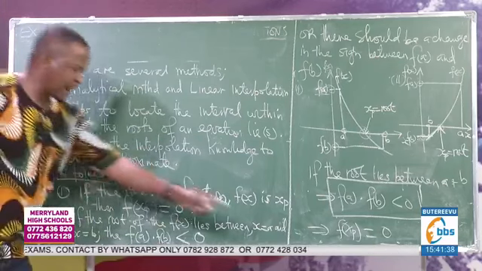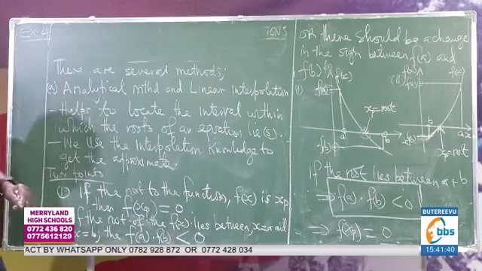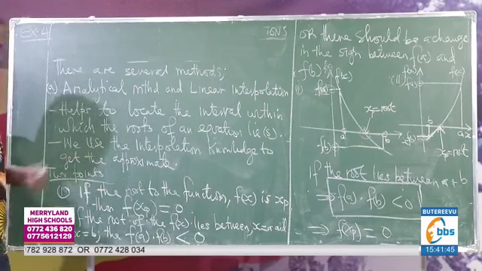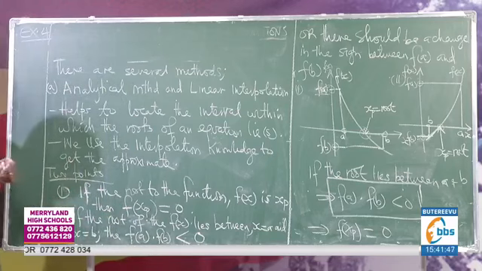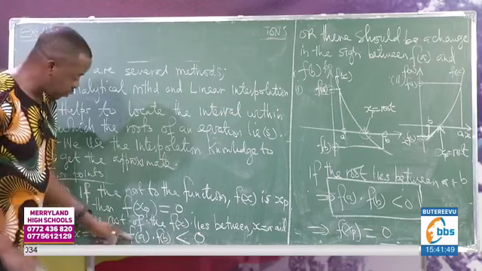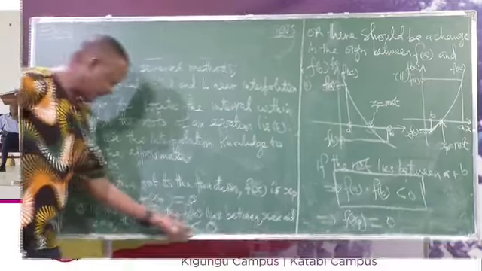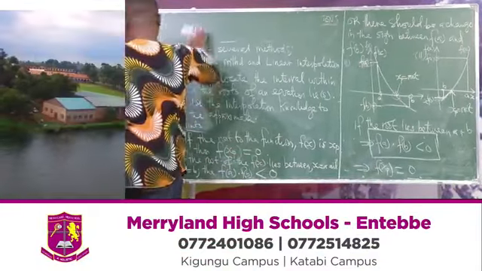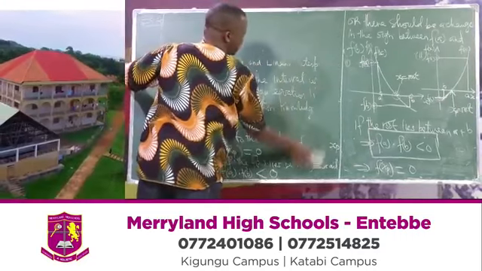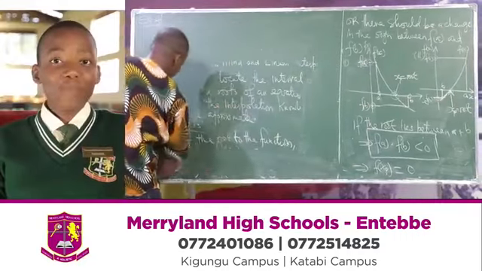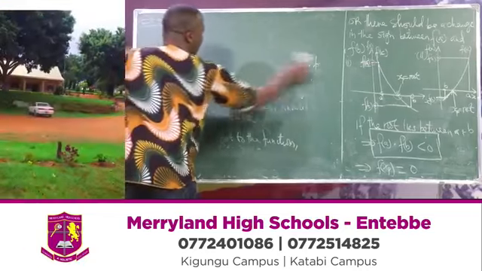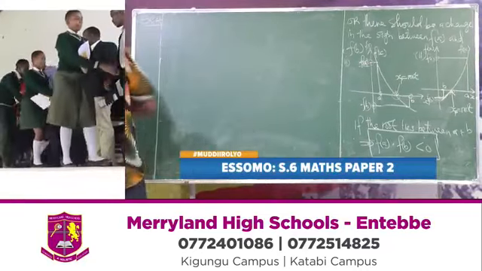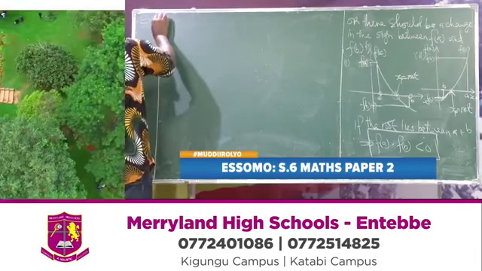And if the root lies between a and b, when you feed in a you get a value, and when you feed in b you get a value, but the product of those two values should be less than 0. And less than 0 directly means a negative.